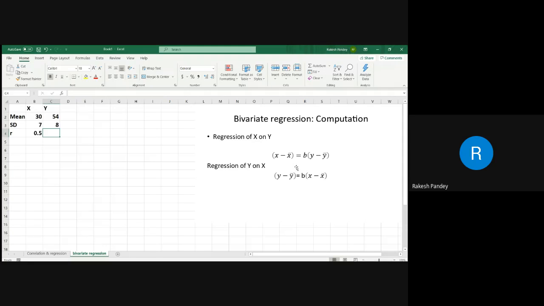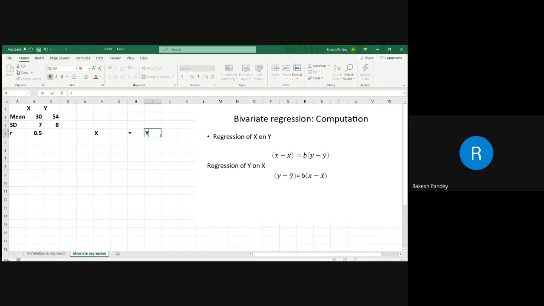So just to help you remember, you can start with any one. If we have to predict x on the basis of y, first you write x on this side, then put is equal to, and then what we have to predict, y.